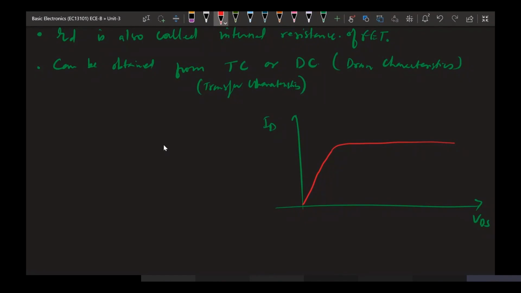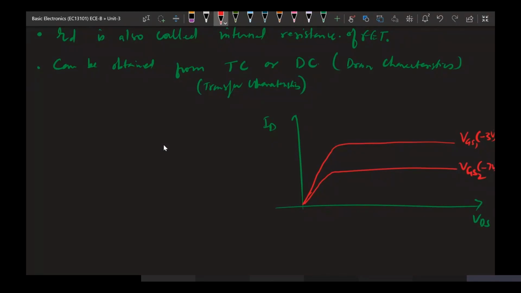Suppose VGS is reduced, then the current will increase and then become constant. So this is VGS1 and this is VGS2. VGS1 is higher, or less negative, and VGS2 is more negative. For reference, suppose this is minus 3 volt and this is minus 7 volt.